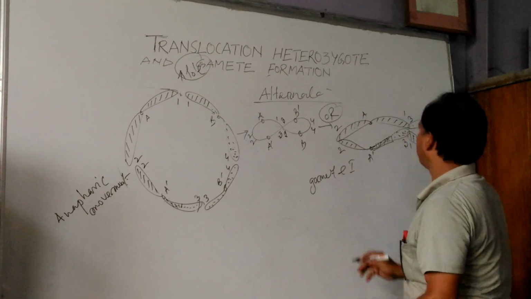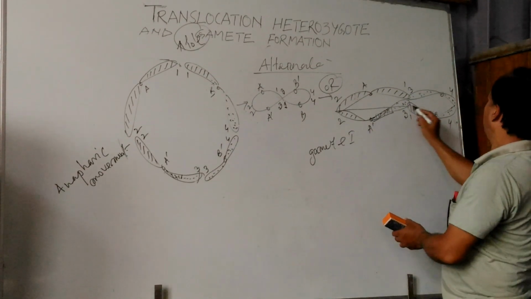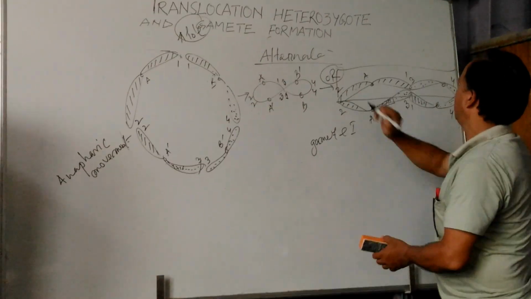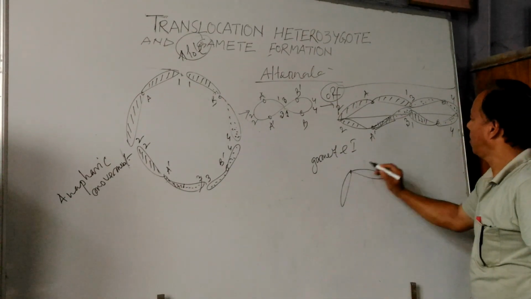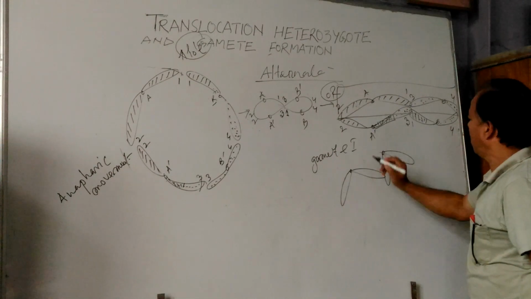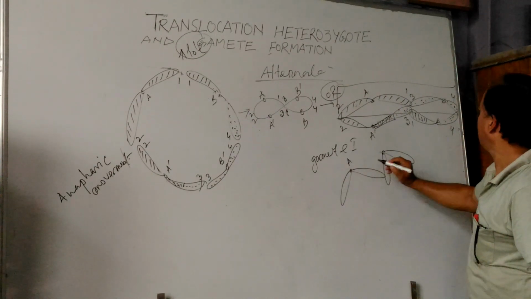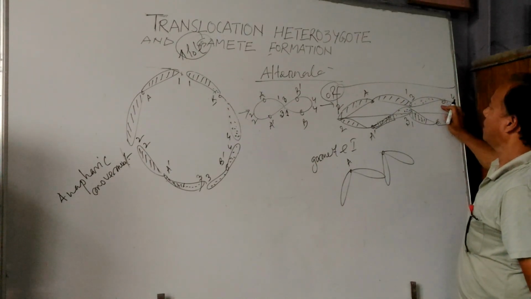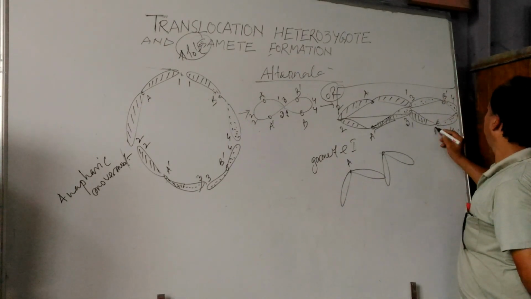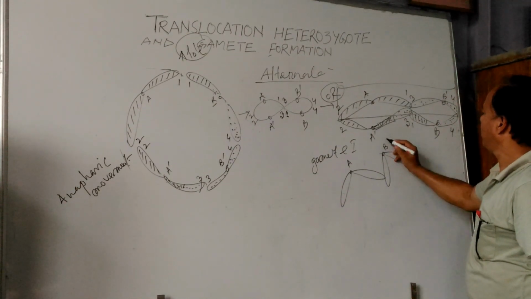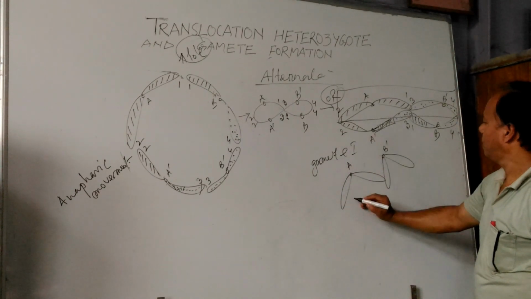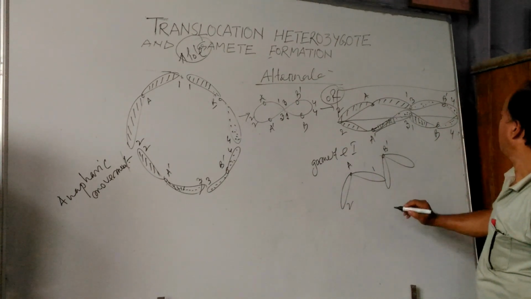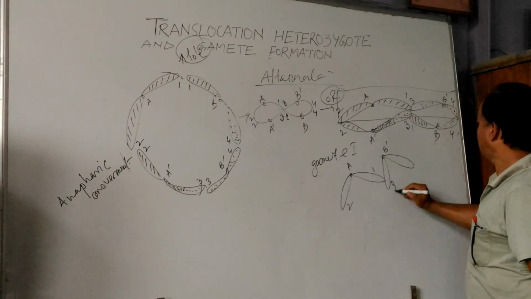For the formation of gamete, the upper two chromosomes are involved. This one is the first chromosome and second one is, these are the centromeres, and here the genes are 1, 2, 3, 4. All the genes are present.